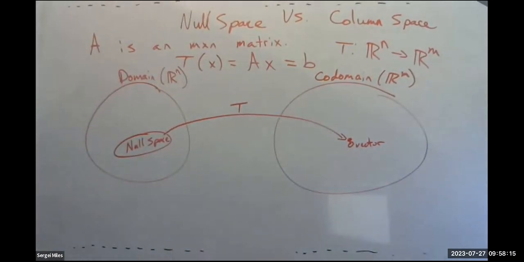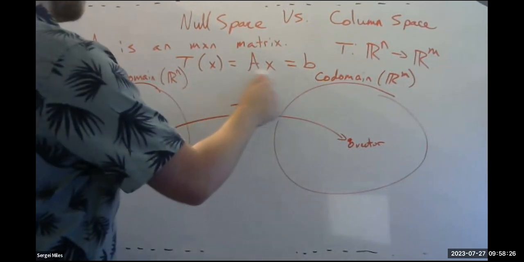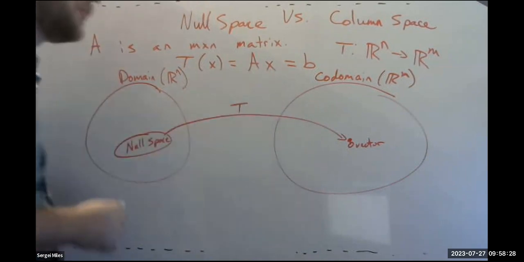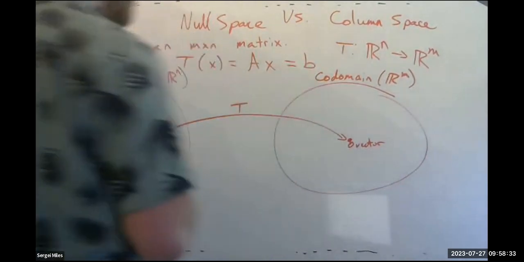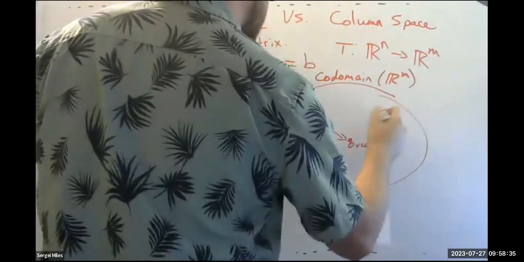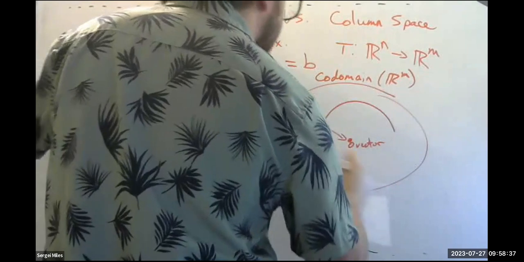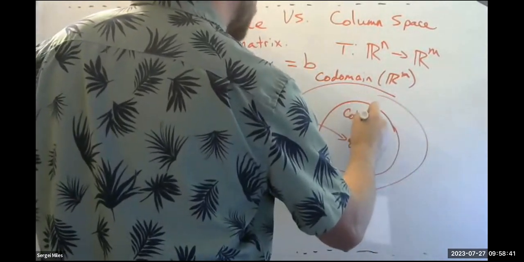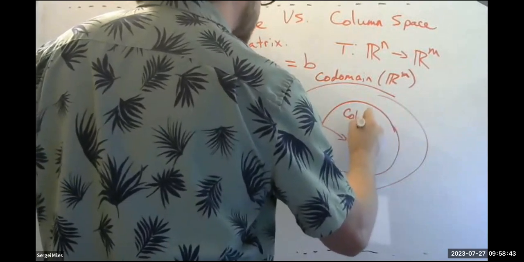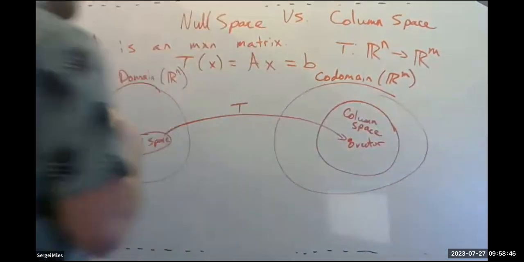All right. Now, what is the column space? We said that the column space is all possible linear combinations of the columns of the matrix A. In other words, it's the set of all possible ways you can multiply A times X. It is the set of all possible B. Now, remember, as we've discussed before, your set of all possible B may or may not be all of the codomain, right?